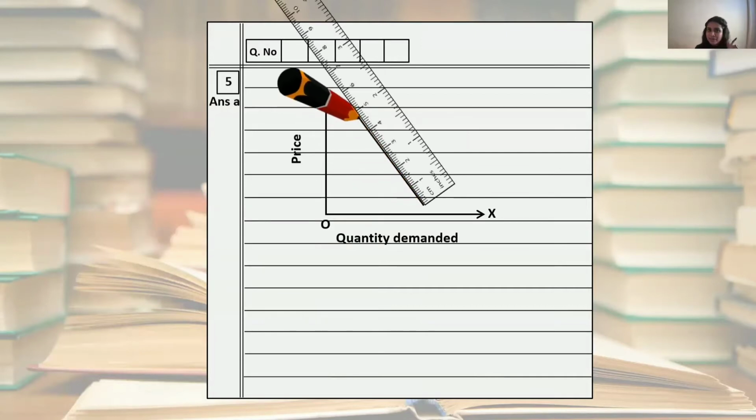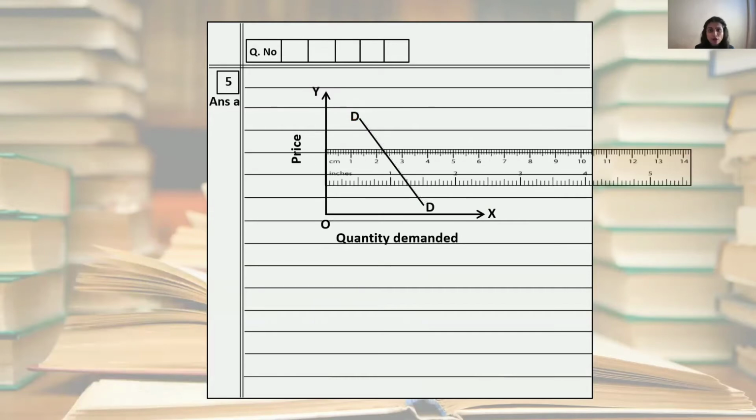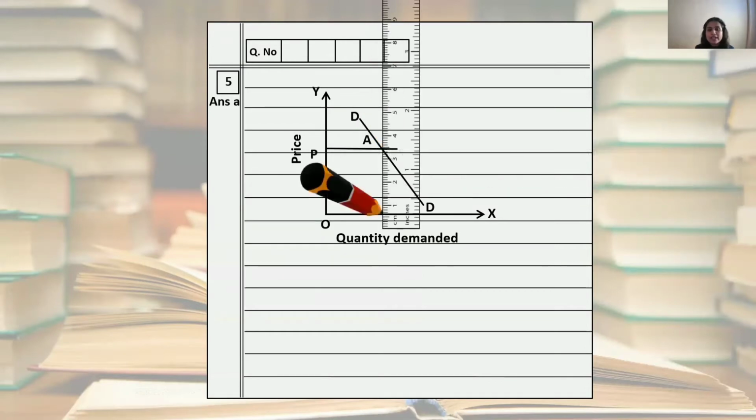Now, keeping in mind the schedule that you just created in the previous slide, you will construct and plot the price as well as the demand on this diagram, right? So your price is OP, yeah?